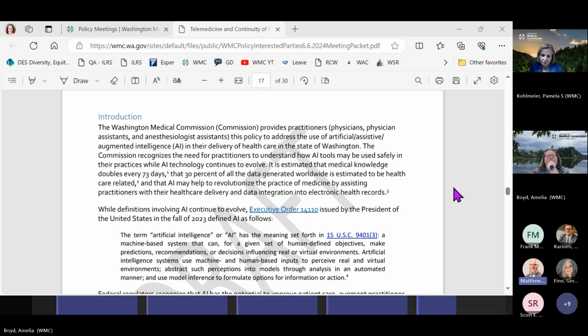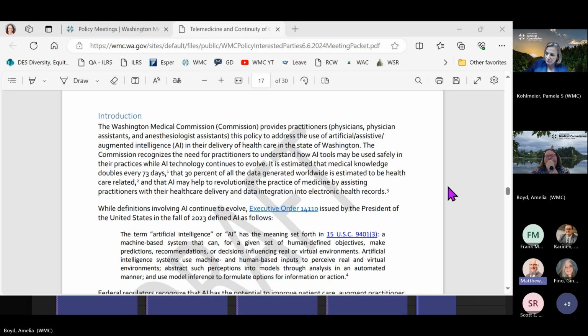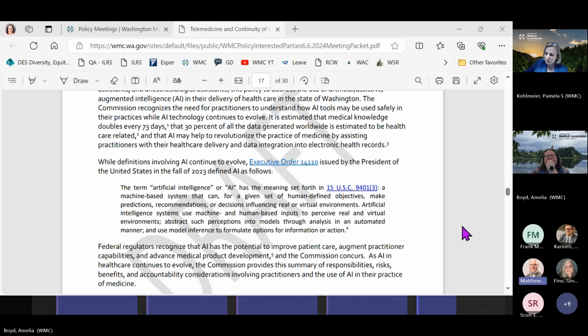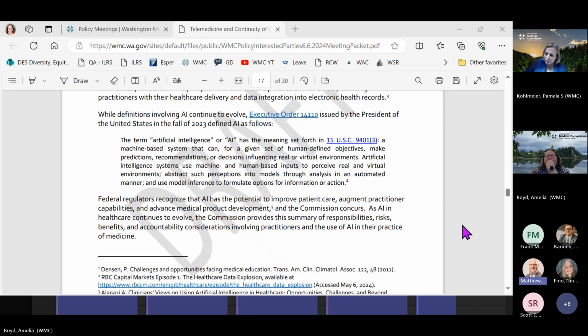So that's the first bucket. The second one is a bill passed in the 2024 session that directs various stakeholder groups and agencies to look at artificial intelligence solutions and come up with a framework for how state agencies use it and point it towards the public. That is not the focus of this particular thing.